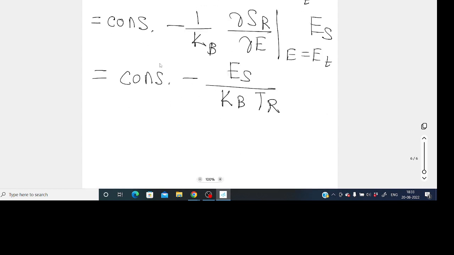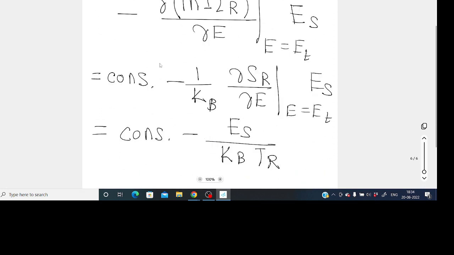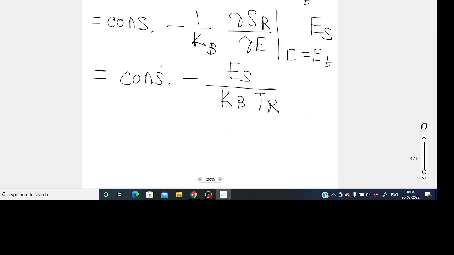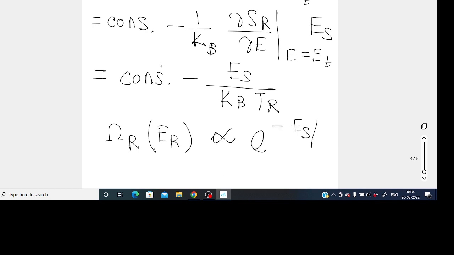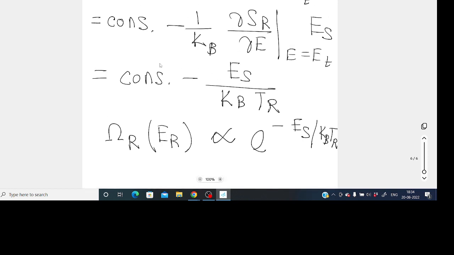So log of omega R is equal to this thing, so omega R will be proportional to e to the power minus E_S by k_B T_R. Here T_R is the temperature of the reservoir.